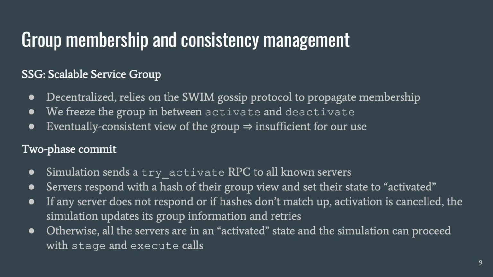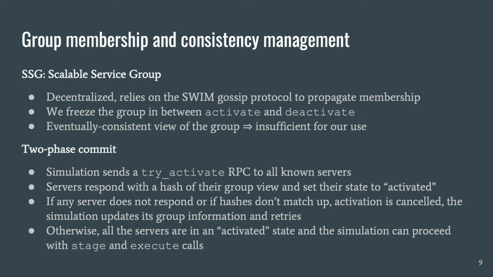The simulation will actually send a try activate RPC to all the known servers, and the servers will respond with a hash of their group view and switch to an activated state. If the hashes received by the simulation don't match up across servers, or if a server does not respond, then the simulation sends a cancellation message and retries.